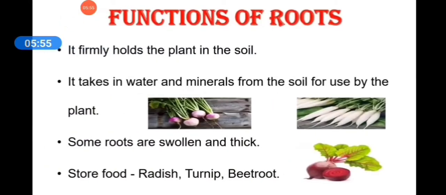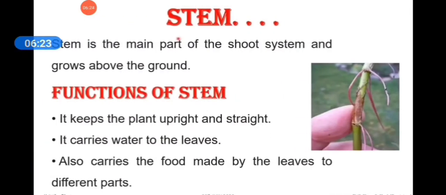Next, functions of roots. We know that roots firmly hold the plant in the soil. It takes in water and minerals from the soil for use by the plant. Some roots are swollen and thick because they store food. Okay, an example of this type of roots are radish, turnip, beetroot, etc. Now come to our next topic.